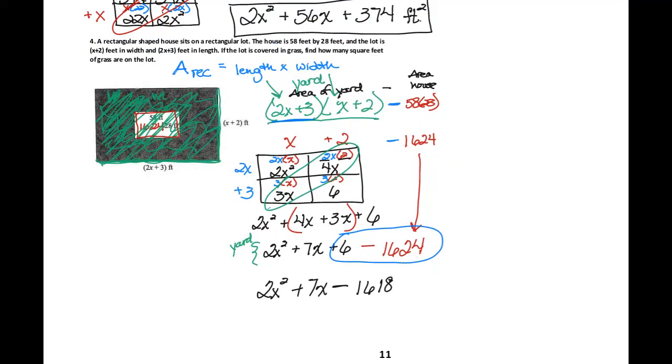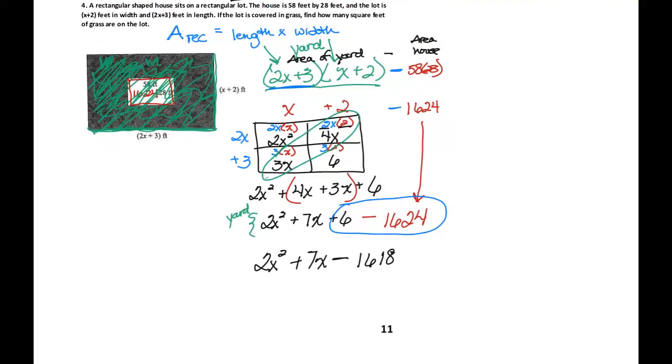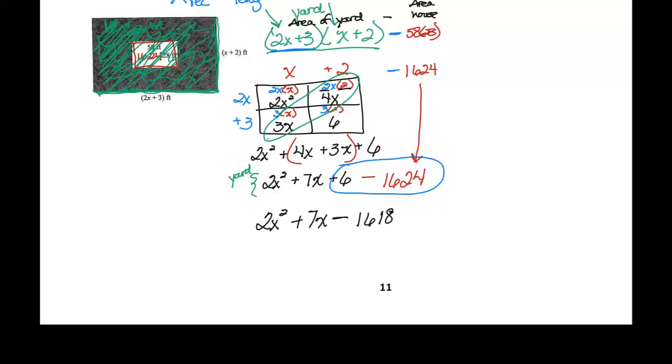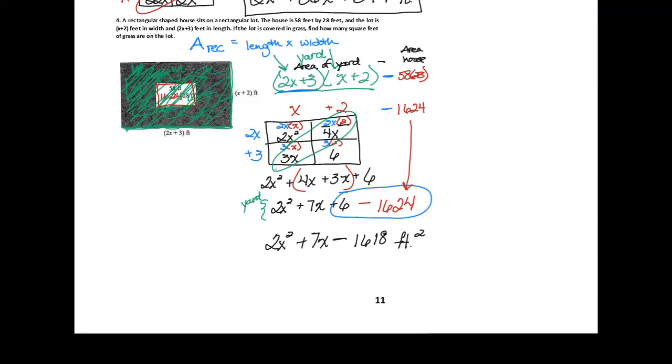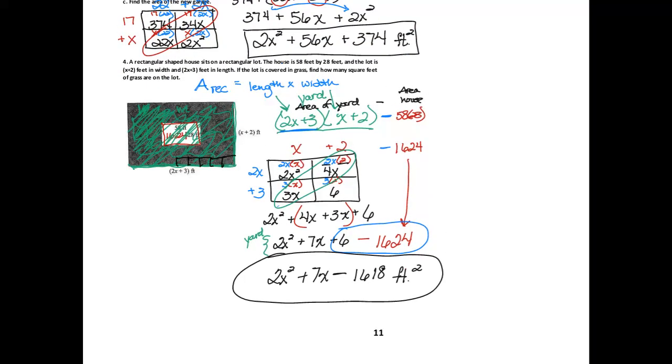And we are talking about how many square feet of grass. So this would be feet squared, because we are trying to find how many 1 by 1 foot pieces of grass we have here. And that is your final answer.